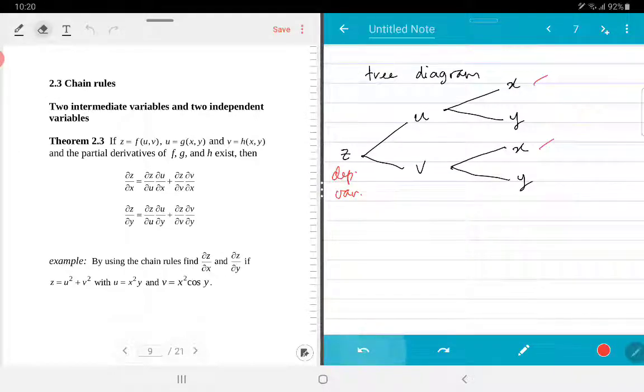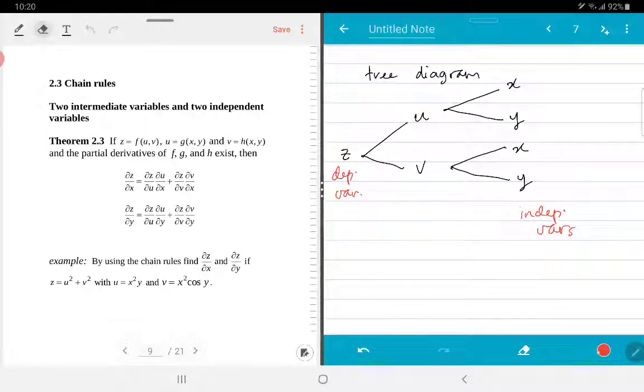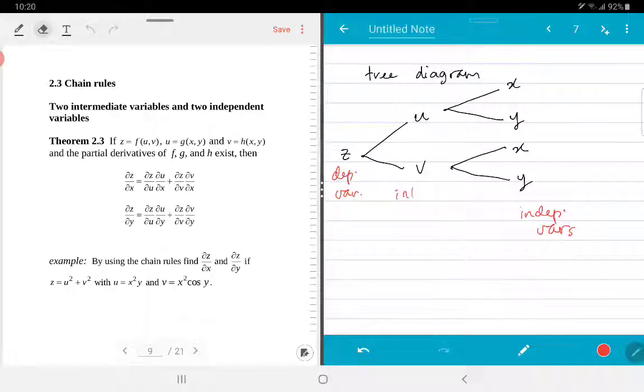So x and y are what we call the independent variables. And in the middle here we have u and v. So u and v are what we call the intermediate variables.